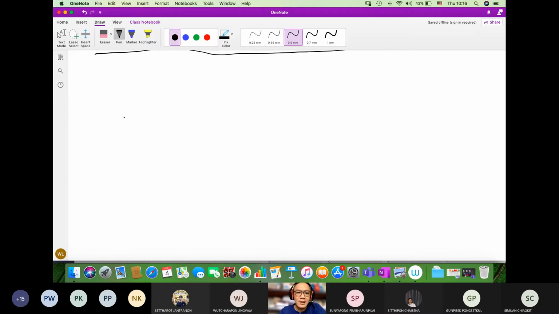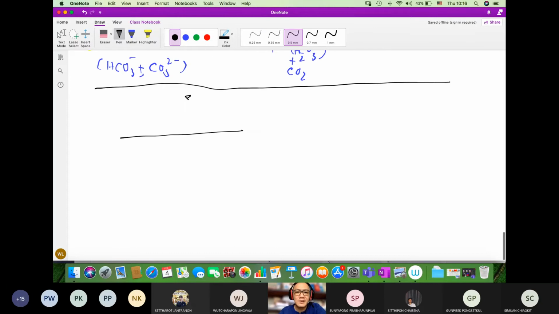So the problem is like this. This is the water surface, and this is the bottom of the river or of the lake. Mostly the toxic substances tend to accumulate at the bottom of the river or the lake.